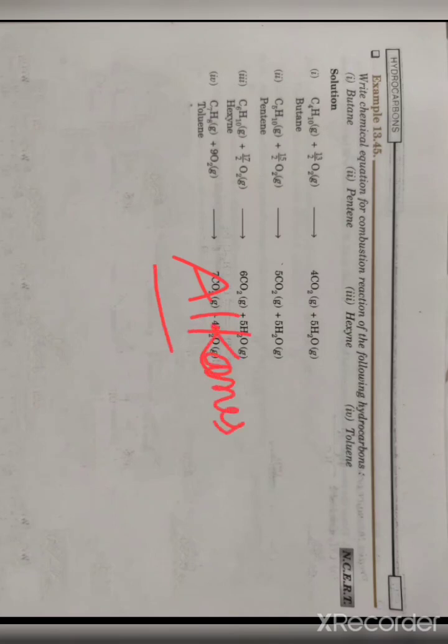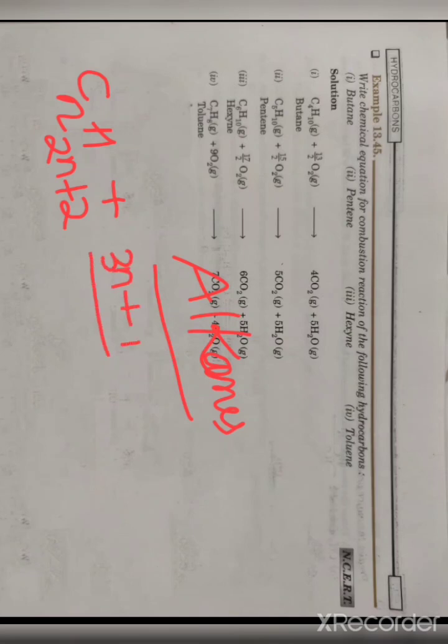In the case of alkanes, it is better to learn the general formula that I already discussed in the video. That is CnH2n+2 plus (3n+1)/2 O2.